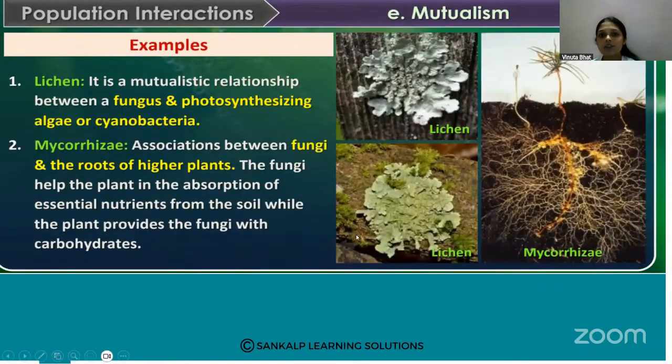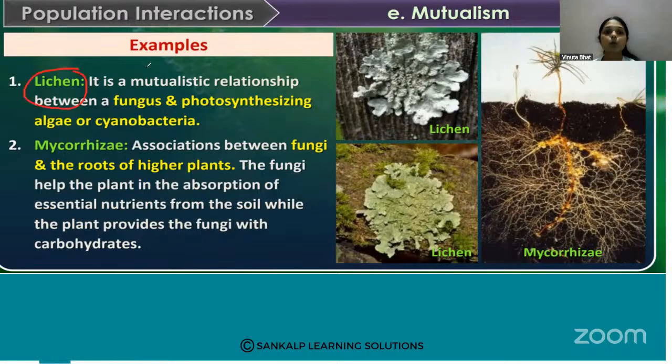Then the last one is mutualism. Mutual means both are benefited, right? In this type of relationship, both the organisms associated in that interaction are benefited. So for example, lichens.